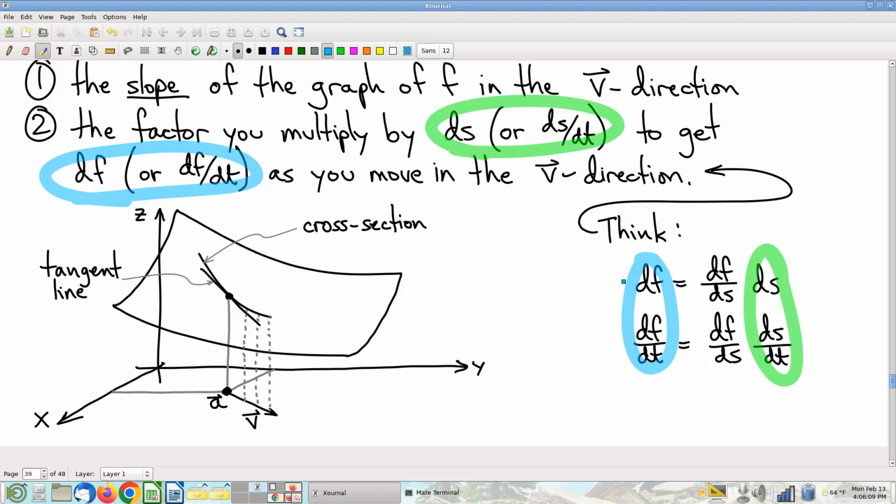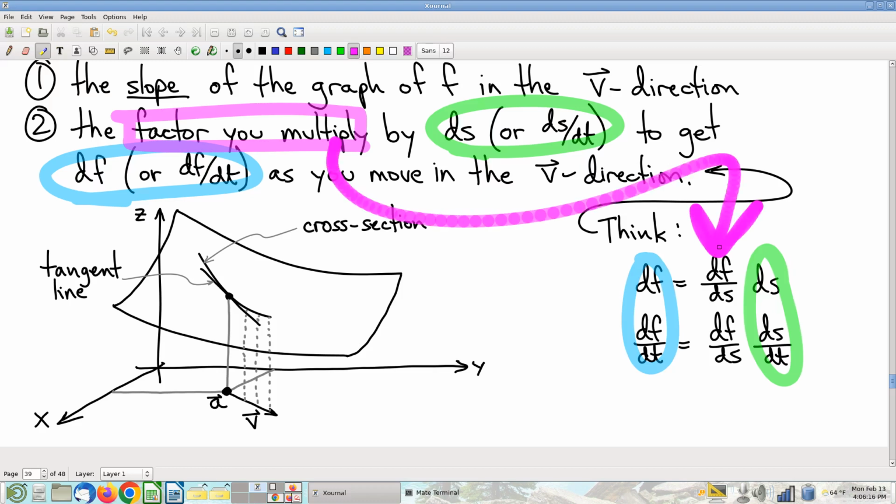The thing you multiply by the input change to get that output change is a directional derivative. And if you look at how I've got it written here, notice, doesn't it make sense that this thing that I multiply by the green to get the blue, just looking at the notation, doesn't it really feel like that ought to be called DFDS? Everything kind of fits, it just looks like it ought to work right. So this is another interpretation of directional derivatives.